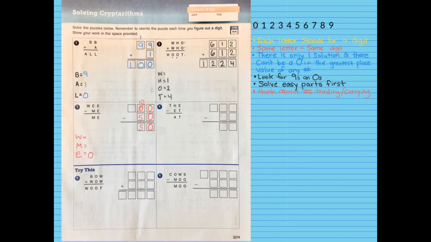I'm pretty confident then to say that M is going to be 5. Wouldn't that work? It sure does. So I'm going to mark that off my little number line. I've used 0 and I've used 5.